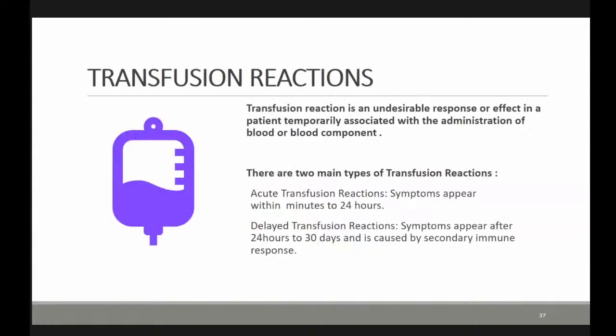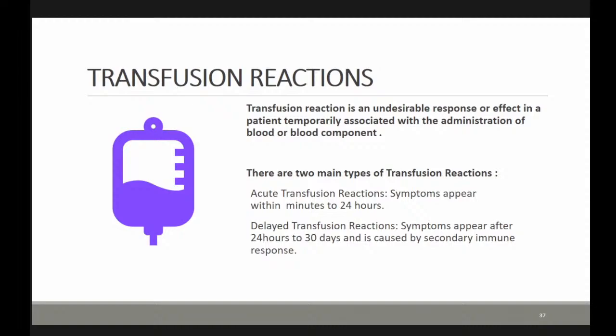So let's talk a little bit about transfusion reactions. We know that these are undesirable responses or effects in a patient that is temporarily associated with the administration of blood or blood components. Now, there are two types of transfusion reactions.